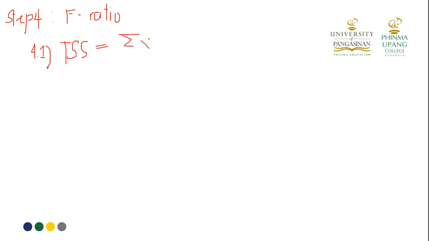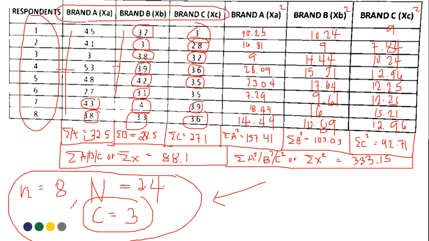Okay, so step 4. Step 4 na yung F ratio. Yung 4.1 natin, this is step 4.1. We're going to find the value of TSS, which is equivalent to the summation of x squared minus the summation of quantity x squared all over big letter N. Kanina, yung big letter N natin dyan is 24.